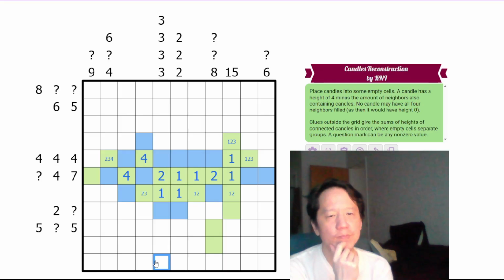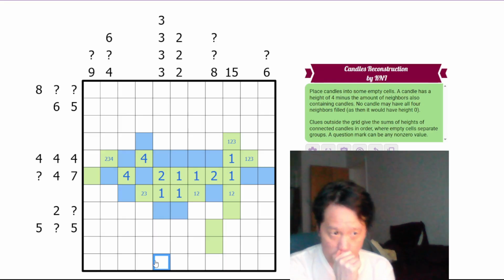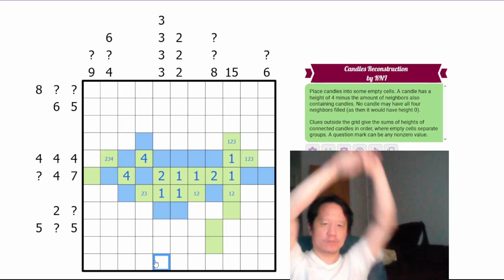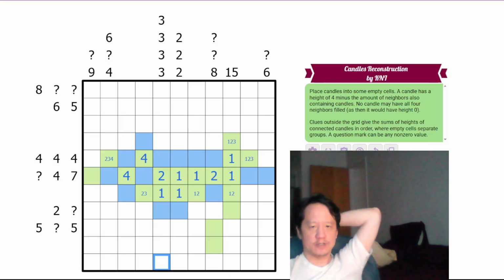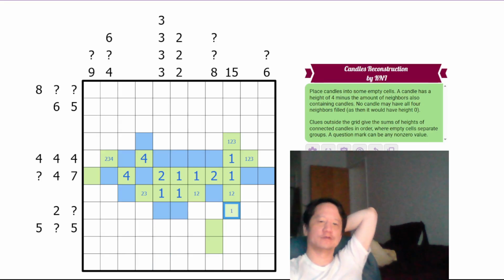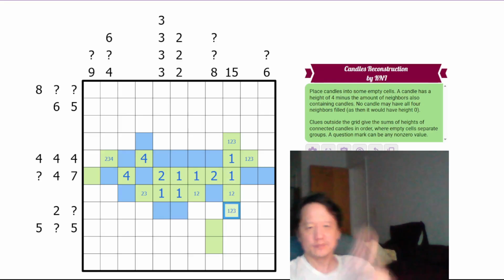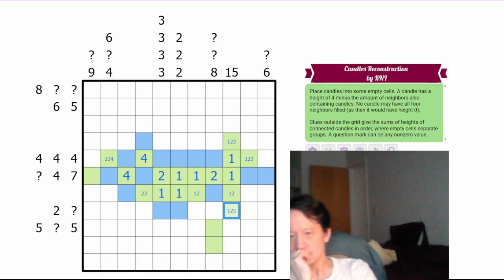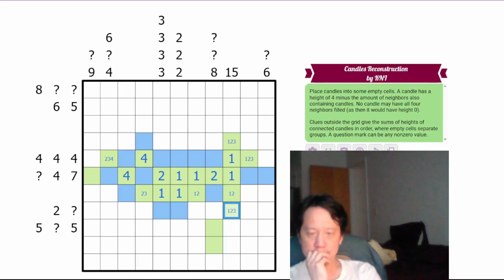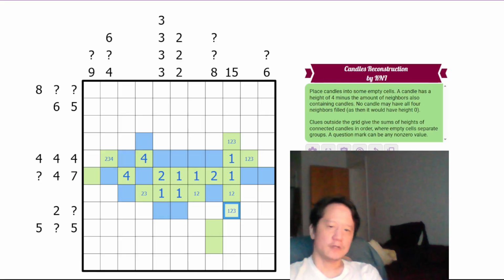This has to be 1, 2, or 3 also, obviously. This is 1, 2, or 3. We have 1, 2, 3 there.